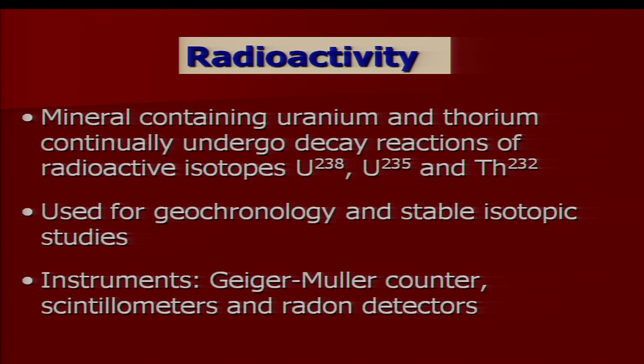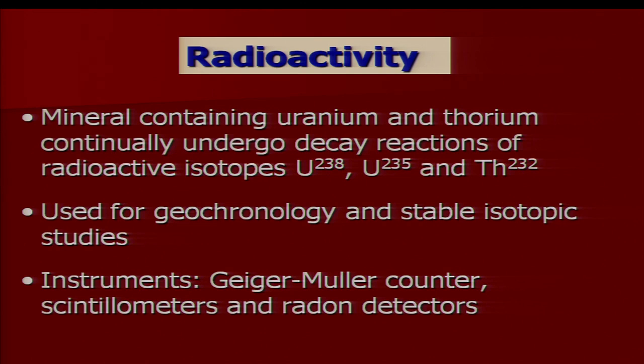If these isotopes are in the mineral, they will emit alpha, beta and gamma radiations, and with the help of instruments such as Geiger-Müller counter or scintillation counter, these radiations can be easily detected, and you can easily identify the presence of radioactive minerals in the specimen in the laboratory as well as in the field.